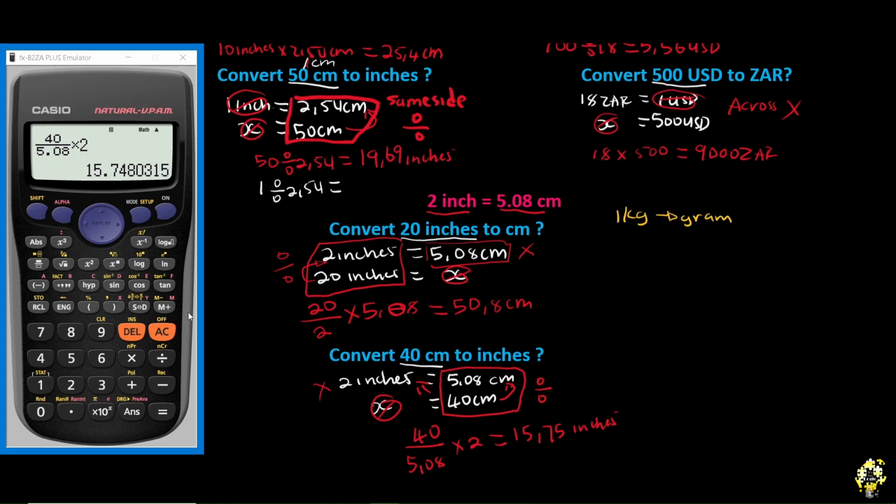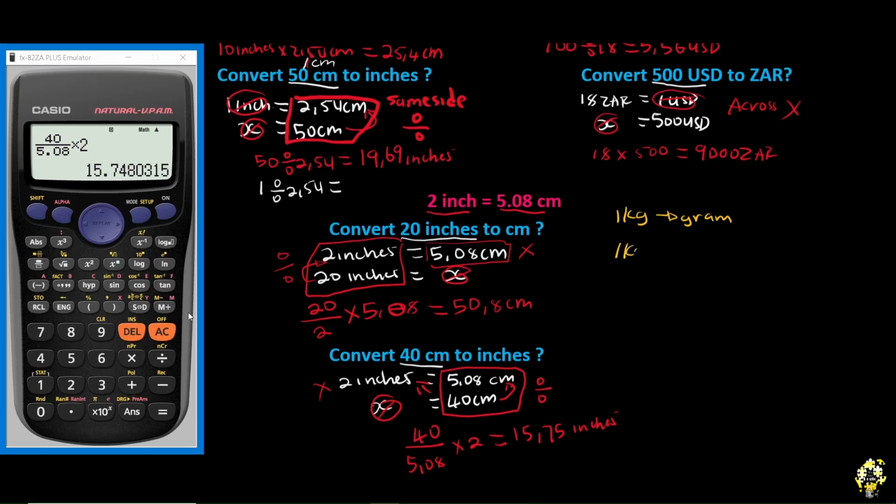So from kilograms to grams, this is within one system, within the metric system, but then you are still going to use the same thing. How are you going to use the same thing? If you already understand that, don't stress about the conversions of the measurements, most importantly, measurements within one system, you're going to do this.